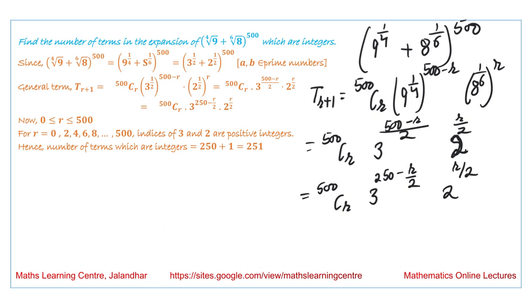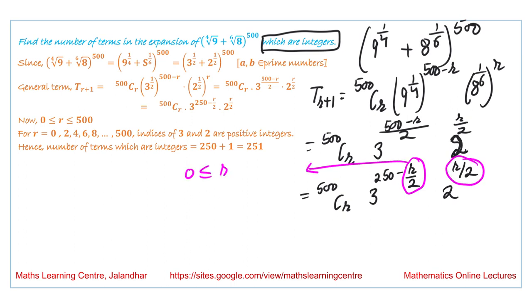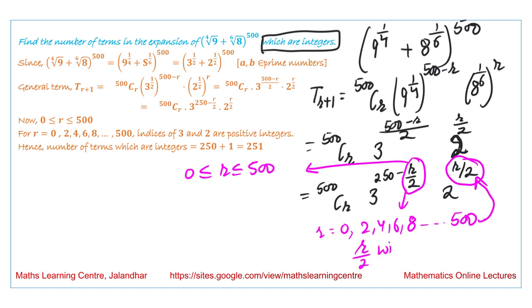Now we require the terms which are integers. Look at these values: we have r/2 over here and r/2 over here. The value of r can be 0 ≤ r ≤ 500. If I substitute r = 0, 2, 4, 6, 8, and so on up to 500, for all these values r/2 will be an integer.